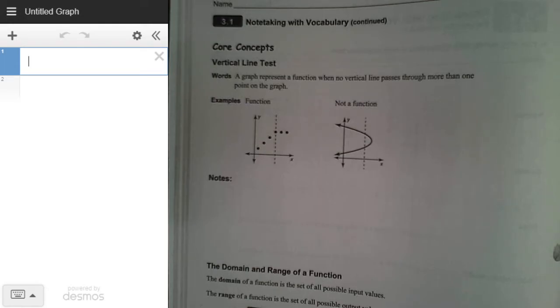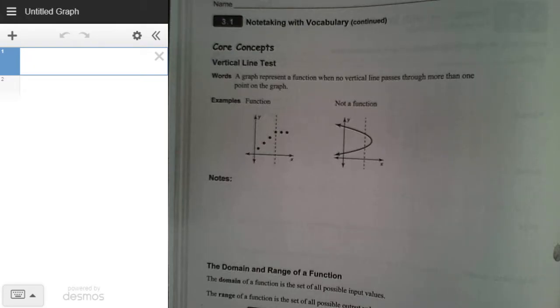We're just going to do a quick rehash of what our core concepts are for this chapter, and that is our vertical line test. So this can be done in many forms.